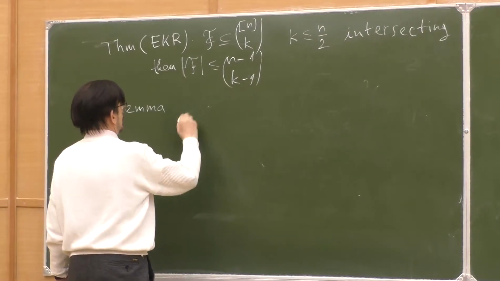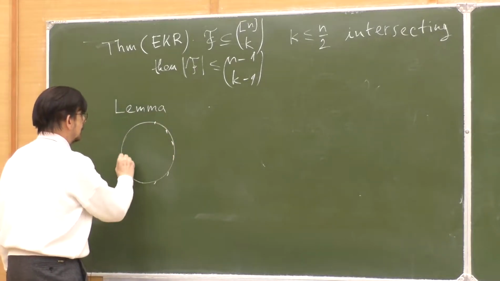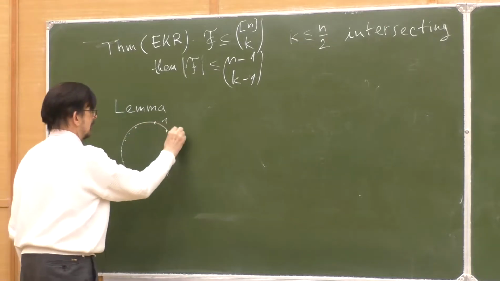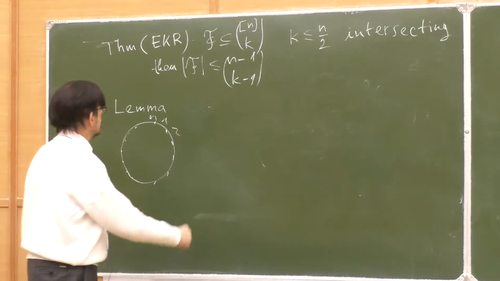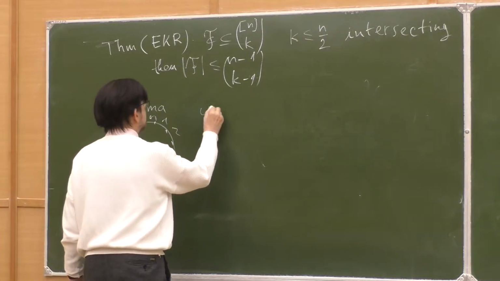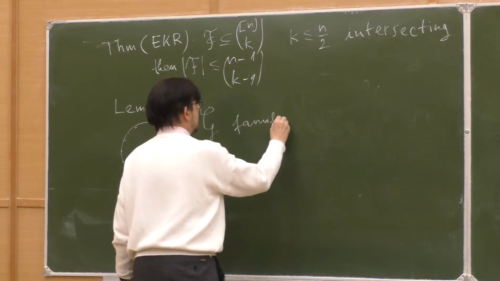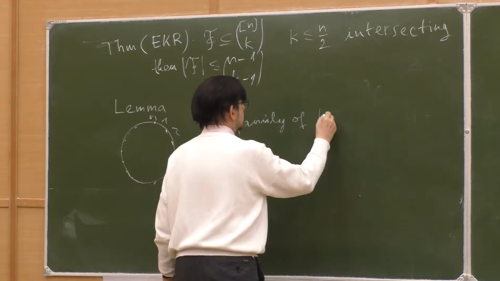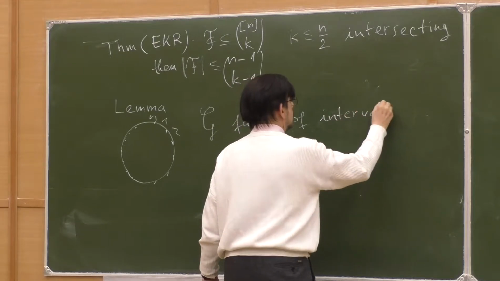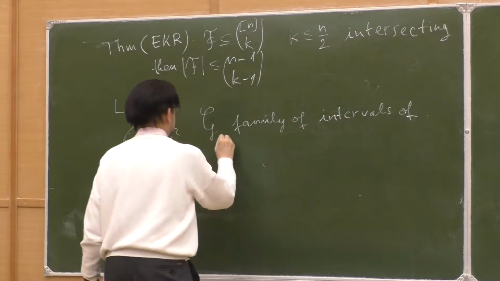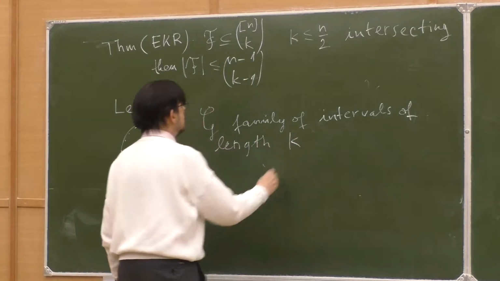So now we have an ordering of the elements from 1 to n along, say, the cycle, and G is a family of intervals of length k.